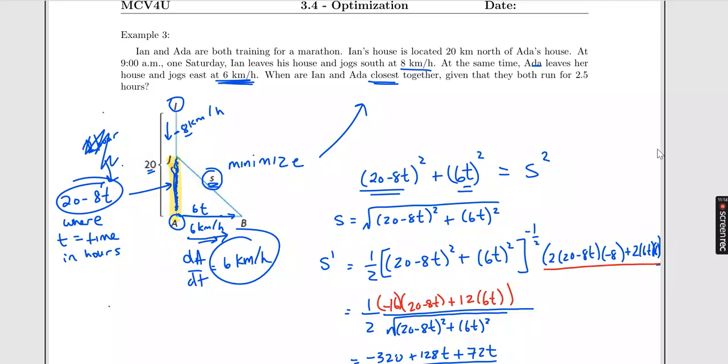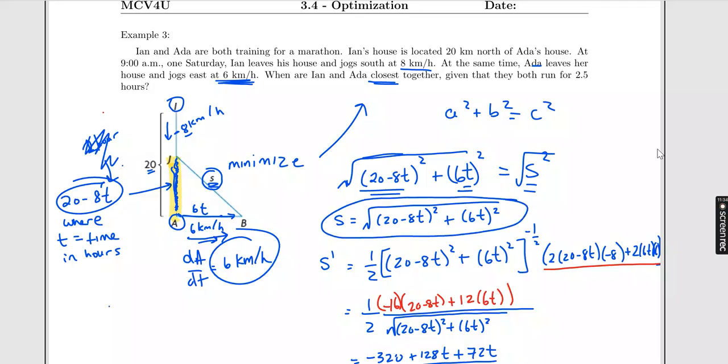So a squared plus b squared equals s squared. Now we have the formula. Now I'm just going to rearrange this, so just square root all of it. Then I get s equals this formula with respect to time.